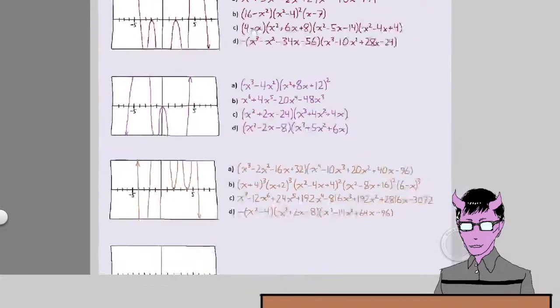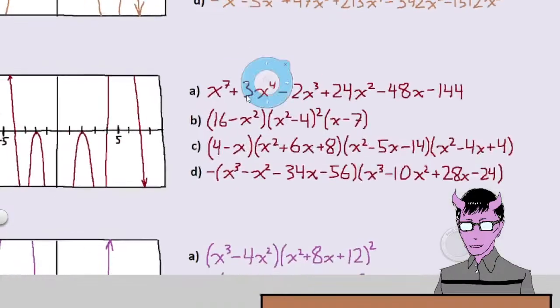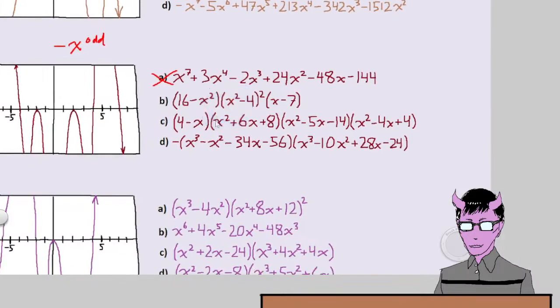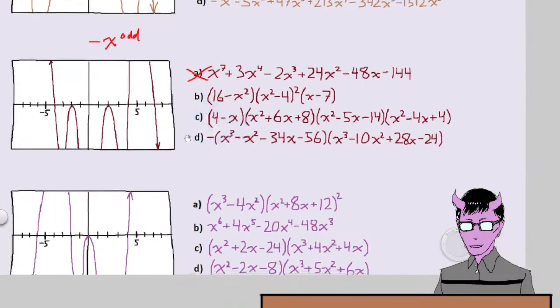All right, 3 more to go. Right off the bat, we could already see choice A is wrong because of the end behaviors. We have an up-down motif, so that means a negative coefficient and an odd-powered exponent. You can already see that this is a positive exponent, so choice A is already wrong. All right, what else do we have?